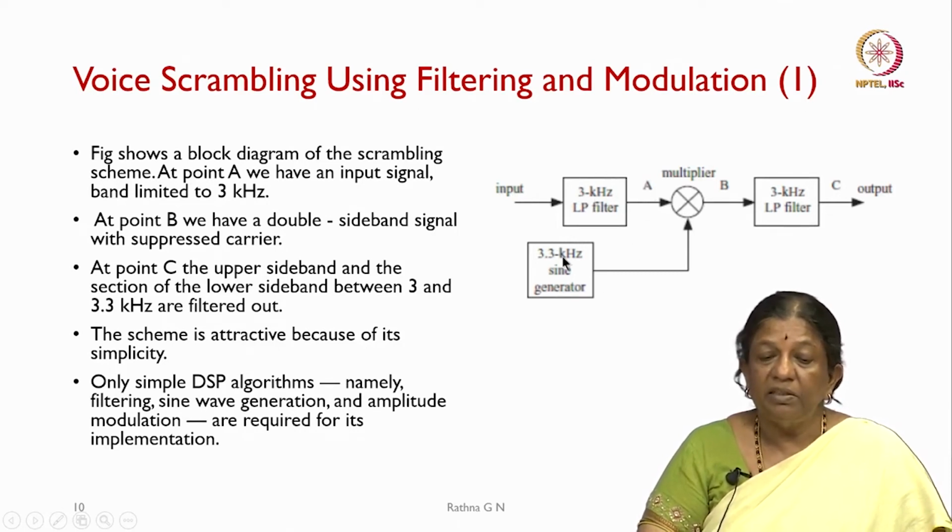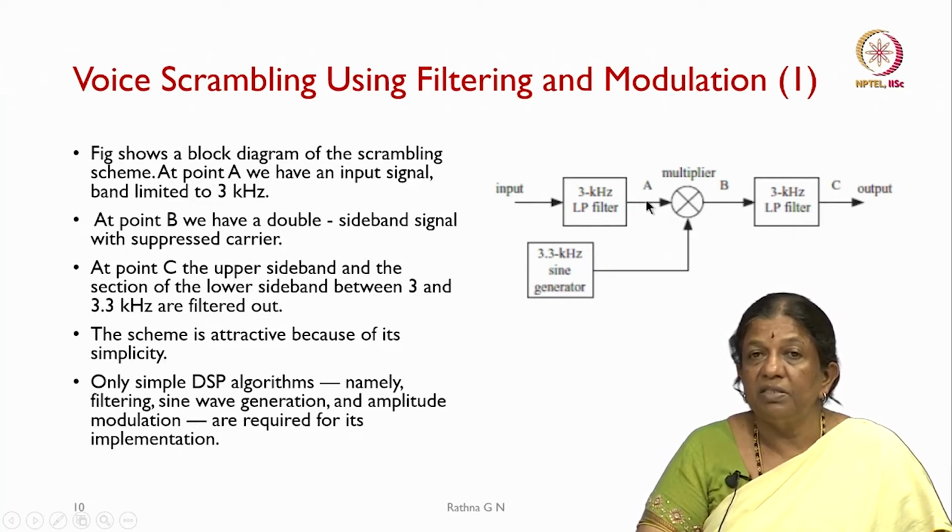Then we take 3.3 kilohertz as our carrier signal, using the sine generator, which you will be multiplying with our input signal which is cut off at 3 kilohertz, and we will be generating B. This can be fed through the 3 kilohertz low pass filter, eliminating high frequencies, and we will be getting C as the scrambled signal as our output.